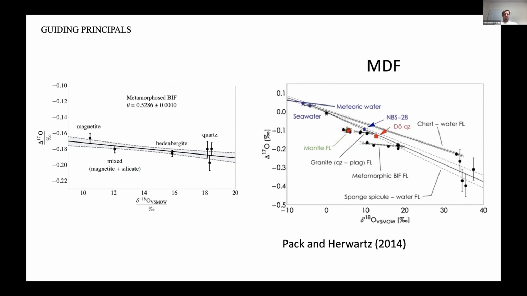In this case, it's close to 0.529, and this is a metamorphosed BIF, and these minerals are apparently in isotopic equilibrium. You can see on the plot on the right that if you do this with various rock samples, each rock sample has its own little mass fractionation line, and this induces the variation that we see in the terrestrial fractionation line. Depending on what material you use, you will get a different slope for all your samples.